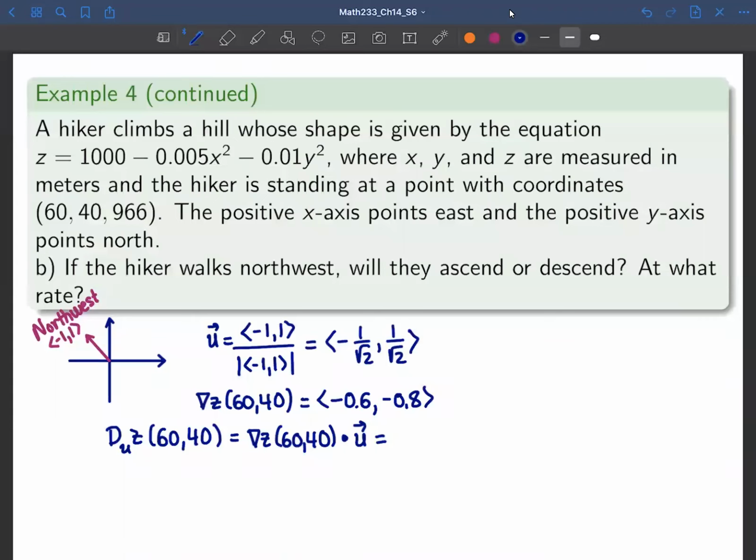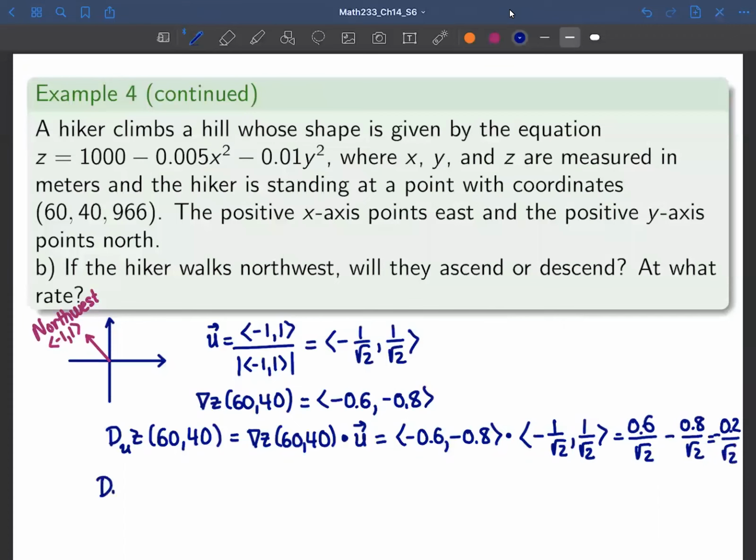So that would be -0.6, -0.8, dot product -1 over square root of 2, 1 over square root of 2. That would be 0.6 over square root of 2 minus 0.8 over square root of 2, which gives us -0.2 over square root of 2.